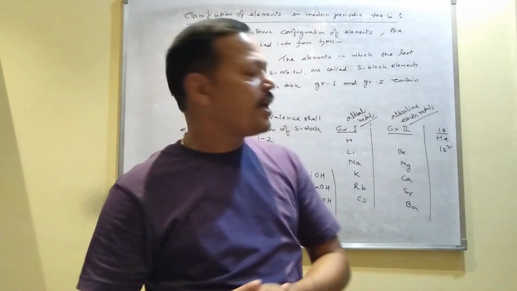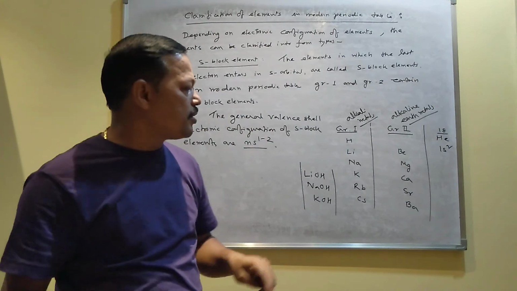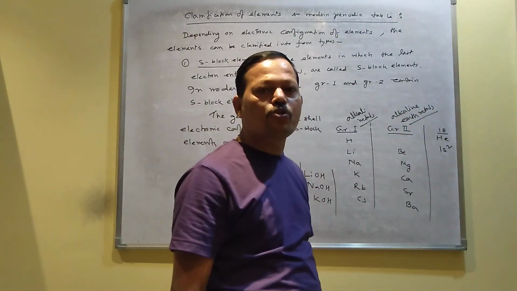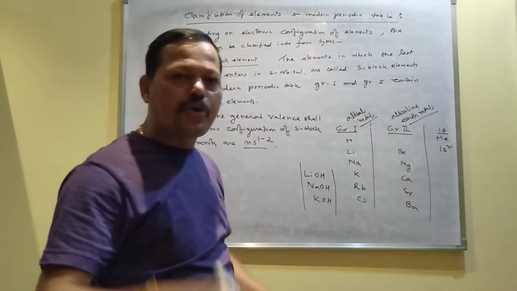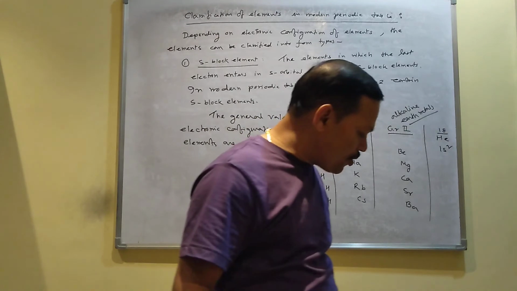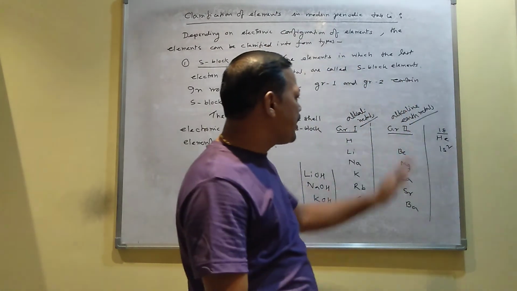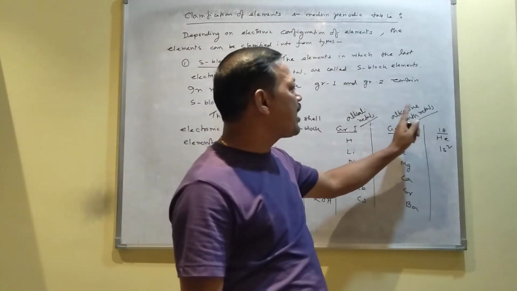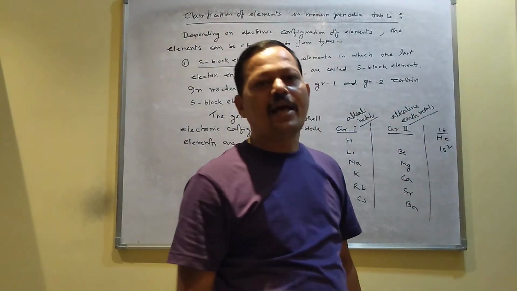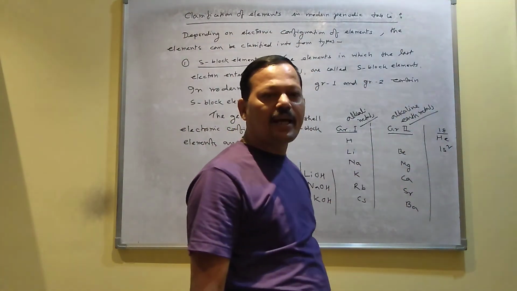These bases are also soluble in water, and they are found in the earth, and that is why they are called alkaline earth metals. So again I repeat, group 1 elements are called alkali metals because their hydroxides are strong alkali, and group 2 elements are called alkaline earth metals because their bases are also alkali and they are found in earth.